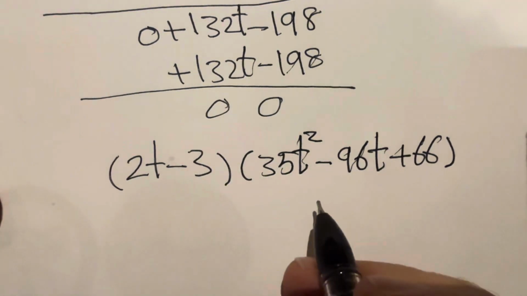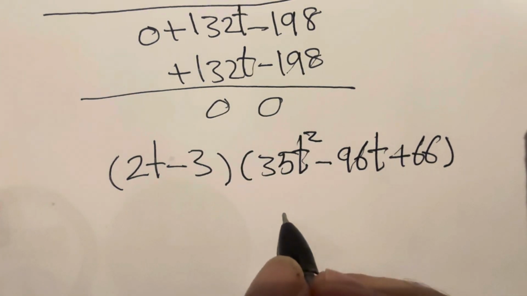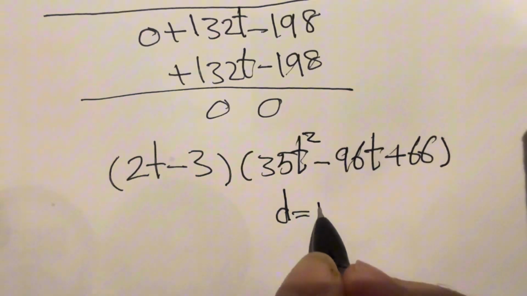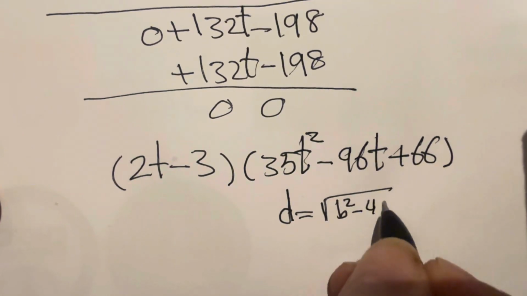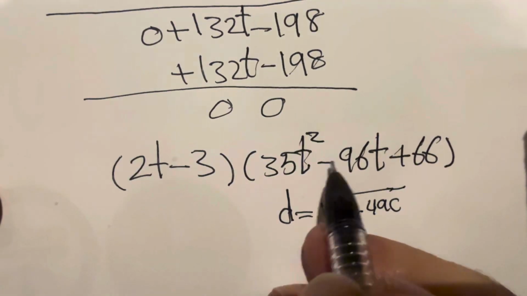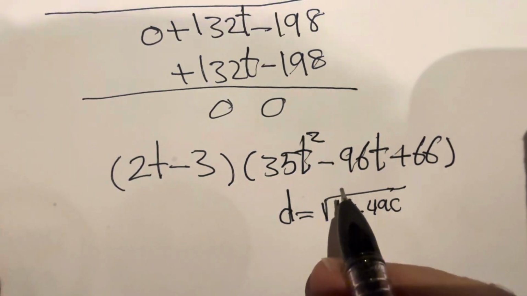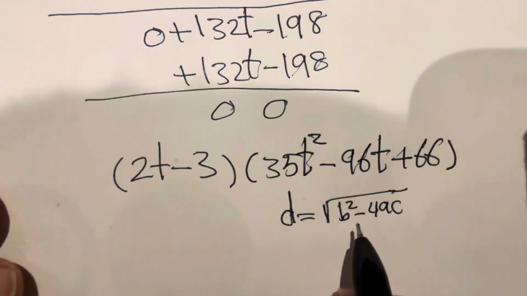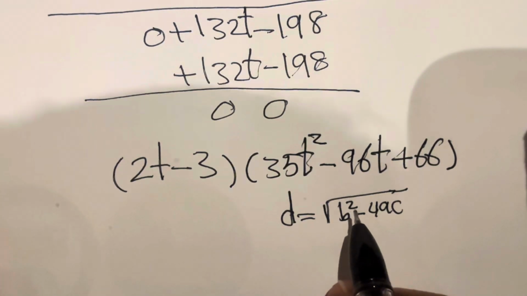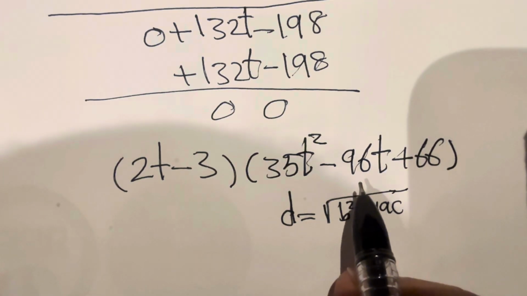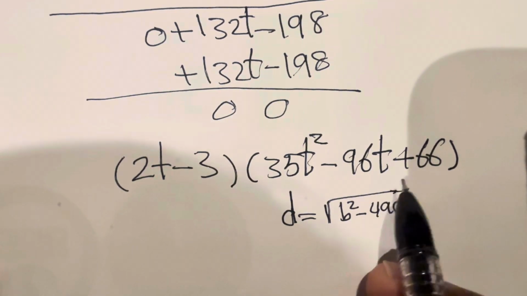If we calculate the discriminant, you know the formula for the discriminant, b squared minus 4ac, we get a negative number under the root. So this does not have a real root, so we ignore this.